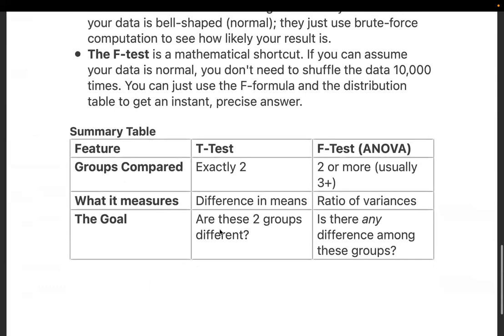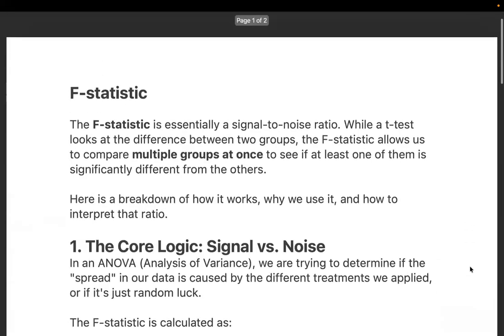The goal of the t-test is to tell you whether these two groups are significantly different. The F test tells you whether there is any significant difference among these groups. It doesn't tell you which one, but it will tell you at least one of them differs. I hope it is clear.